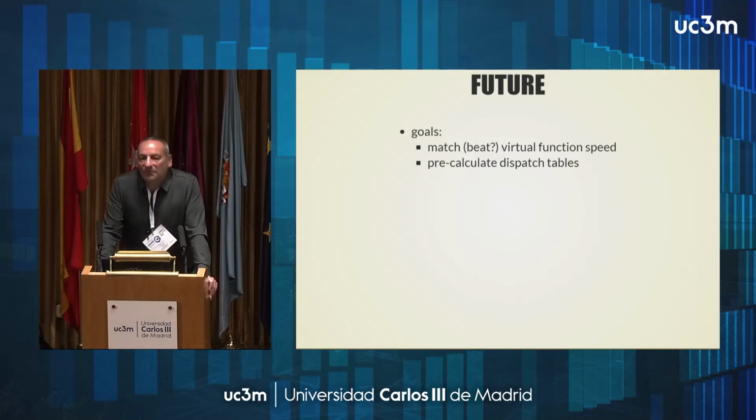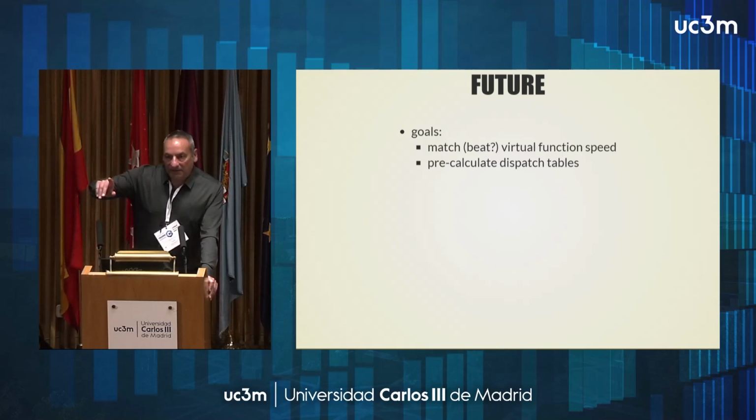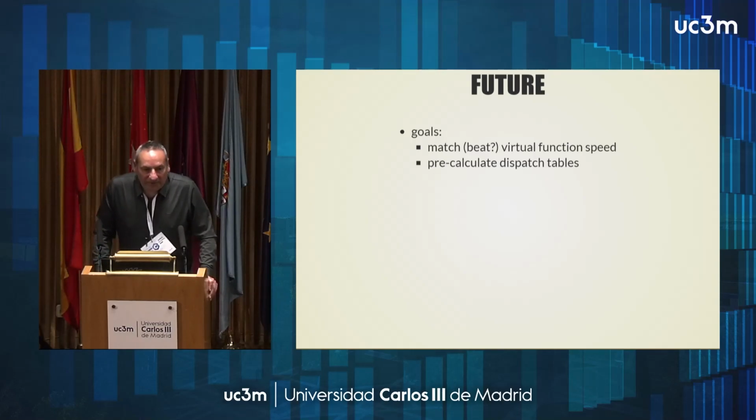So that update function that we have to call at the beginning of the program is never called again unless you dynamically load a library that adds classes or method definitions. But that's not the most common case. So in that case, why not pre-calculate the dispatch tables?